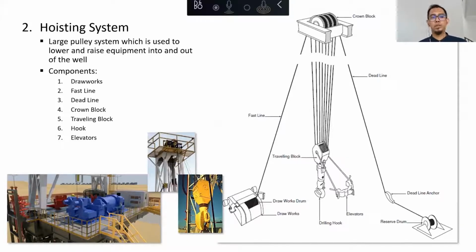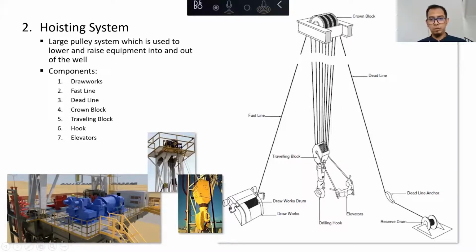So drawworks here is the primary source of the rotational power, so that all of the fast line will be pulled in or stretched back out in order to move the traveling blocks through the crown block to reduce the force required. It's physics.